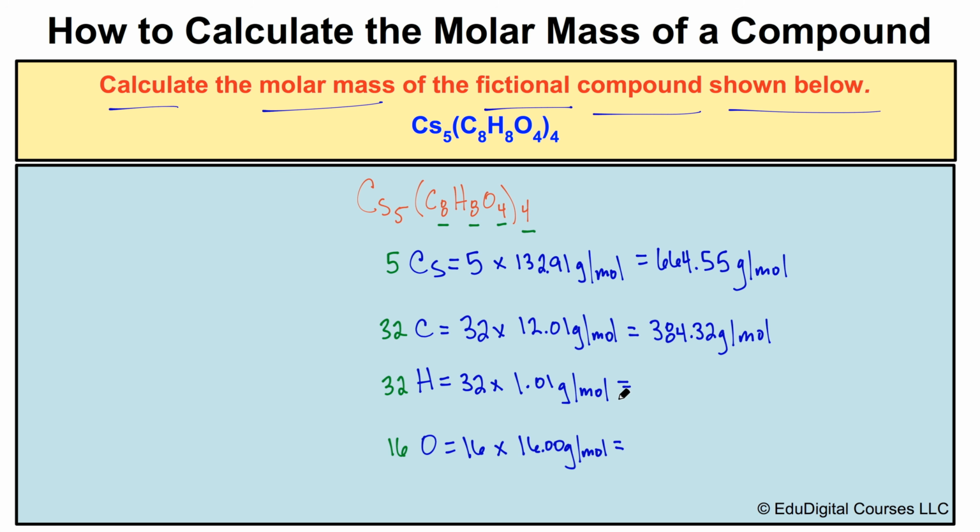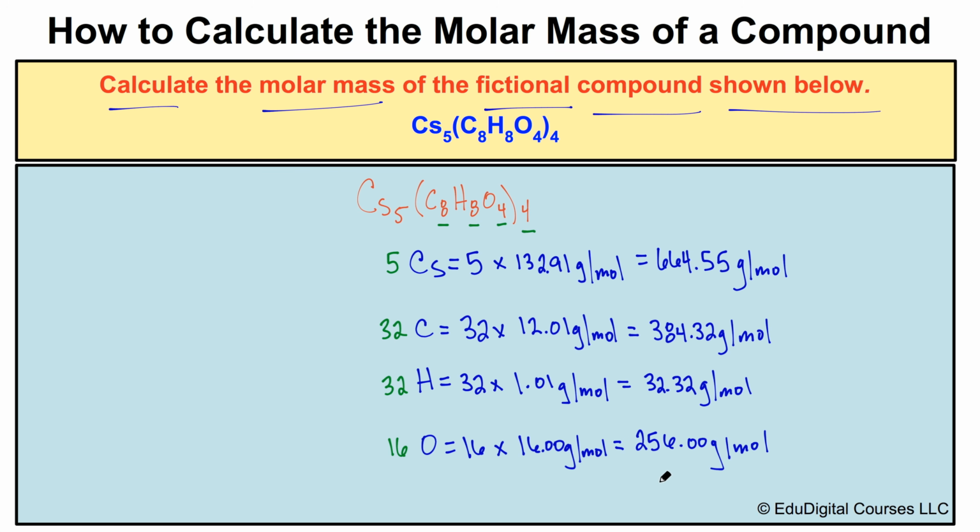And what about hydrogen? We're going to take 32 times 1.01 and we're going to end up with 32.32 grams per mole for hydrogen. And last but not least, with oxygen, we're going to take 16 times 16.00 and we're going to end up with 256.00 grams per mole. So what do we do now?